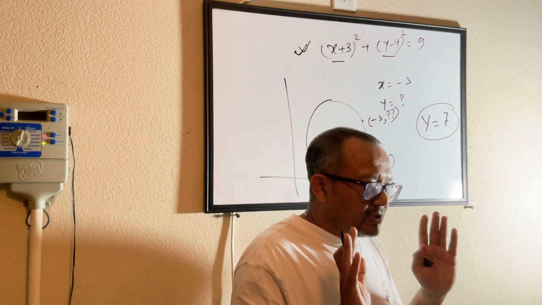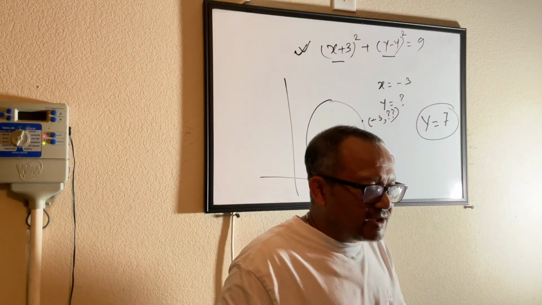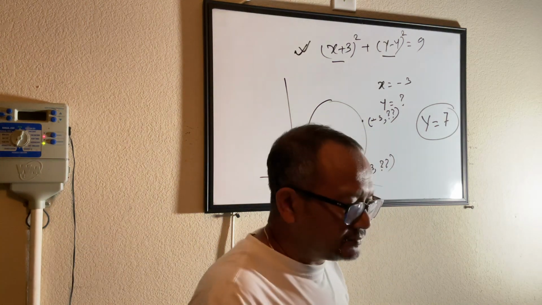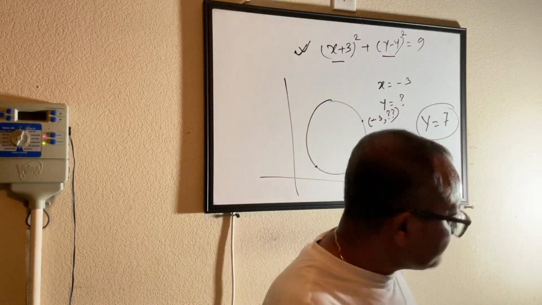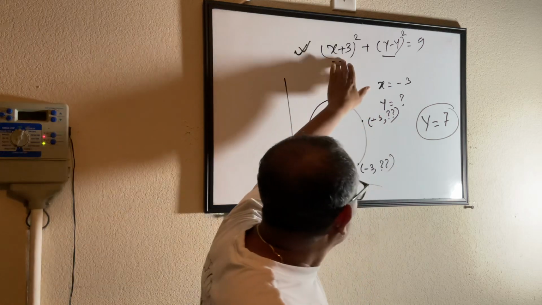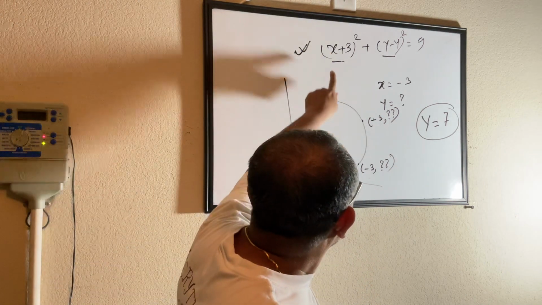Okay, so now let me hear some point of view. So Vishal, do you want to explain how did you arrive at 7? So first I put -3 into the x value, and then if you add a 3, it will be 0, so 0 squared is 0.